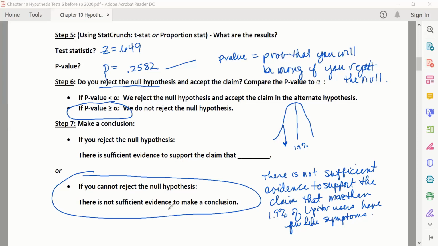It's 0.022. So in StatCrunch, were we using 19 or were we using 1.9%? In StatCrunch, we'll be using 1.9%. Did I do that wrong? I think you used 19. I'll go look it up.